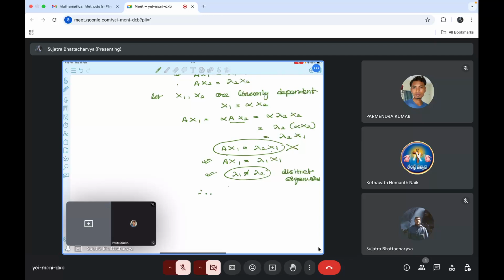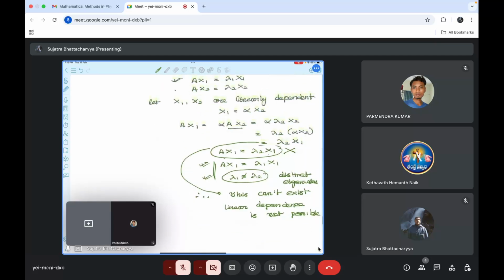Therefore, this can't exist because of these two reasons, so linear dependence is not possible. For distinct eigenvalues, if you say that the eigenvectors are linearly dependent, that is not possible. That's an important point which must be clear.